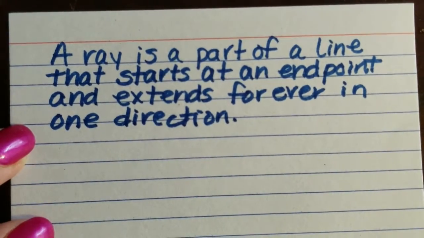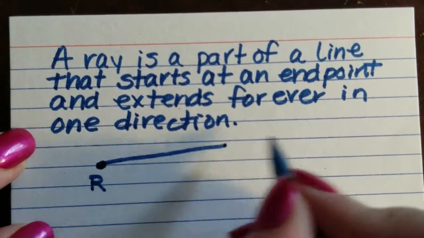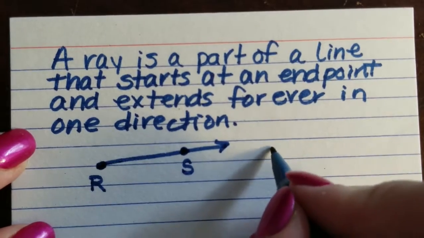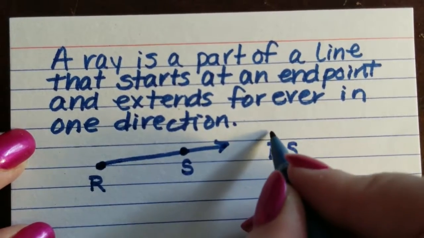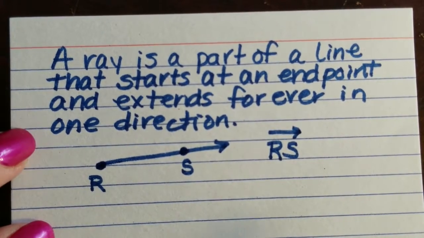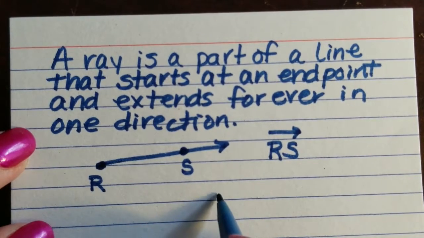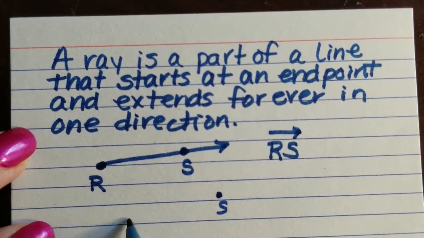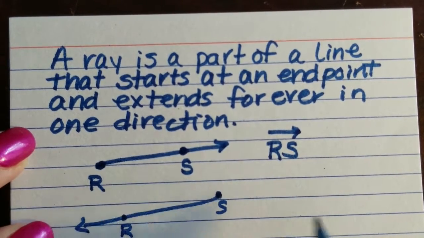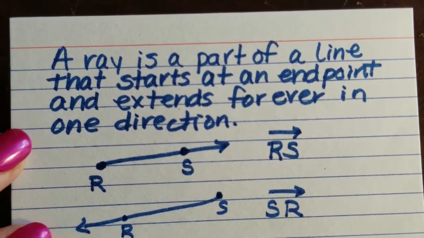So we'll have an endpoint, let's call it R. And it's going to continue on and on forever. We want to know it goes through another point so we can name it. This would be ray RS, and our designation would have the arrow over the S because it continues through and through that. If I wanted to go the other way, I would name this one SR, always starting with that endpoint.